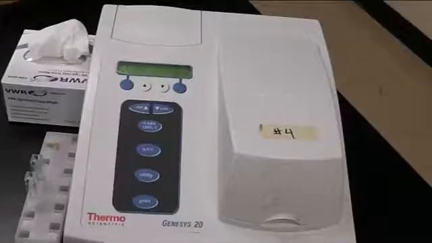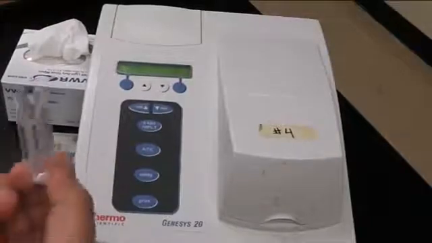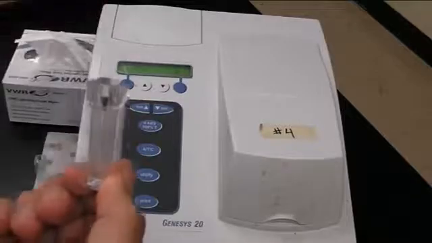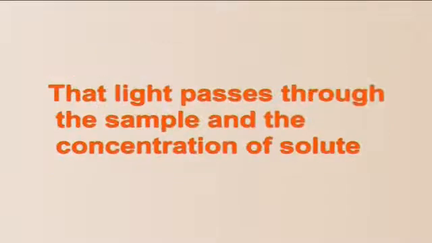From the absorbance, the concentration of the sample solution can be determined from the Beer-Lambert's law, which states that there is a linear relationship between the absorbance and concentration of the sample. According to the Beer-Lambert's law, absorbance is the product of the extinction coefficient, the length that light passes through the sample, and the concentration of solute.